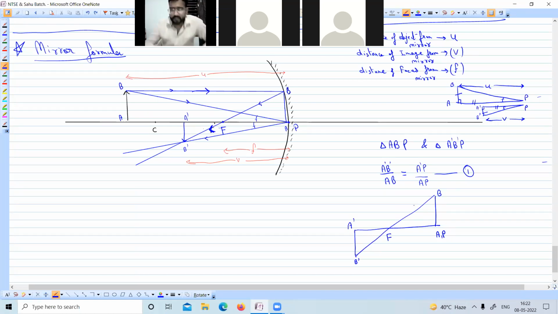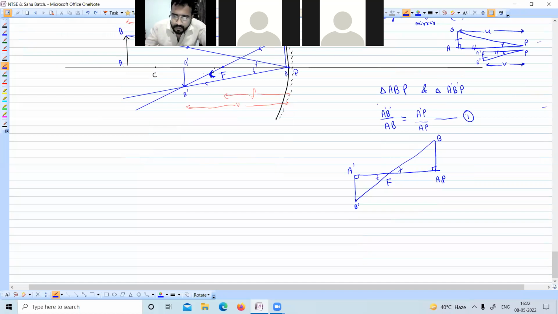So can you see the similarity in this triangle, as these two angles are 90 degrees and these two angles are vertically opposite angles, because this is one principal axis, both are straight lines, so vertically opposite angles. So they both are similar. Again, I will write in the same pattern this way only, and that is A dash, because I needed to equalize both the equations.